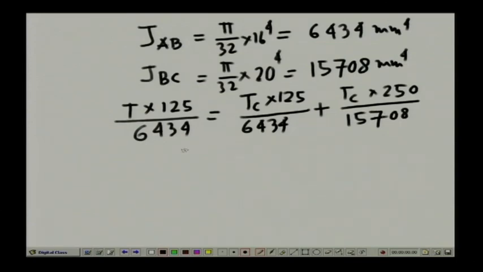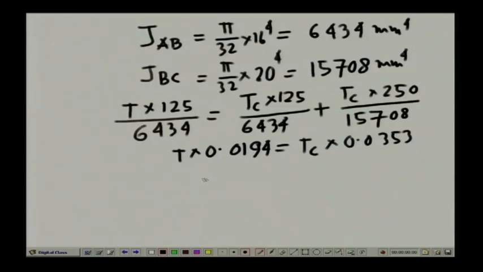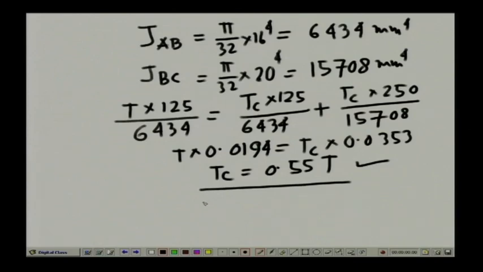And this comes to T into 0.0194 is equal to T_C times 0.0353, and this gives a value of T_C as equal to 0.55 T. So, once we know these, from equation 1 we get T_A as equal to 0.45 T. So, now we know the values of T_A and T_C in terms of T.